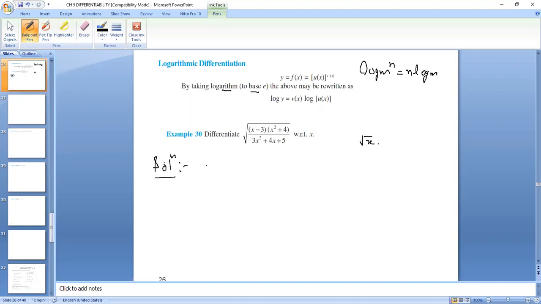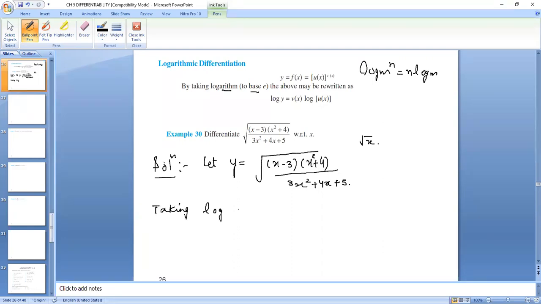So the first step, let y is equal to root of (x minus 3)(x square plus 4) upon 3x square plus 4x plus 5. The next step will be taking log on both sides. One more step you can write, it will be easy for us.